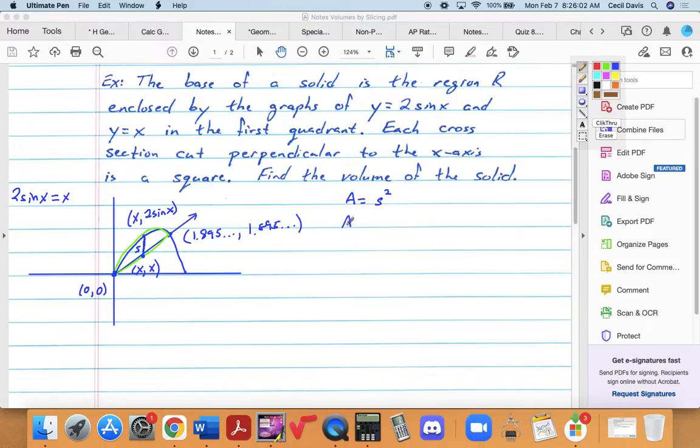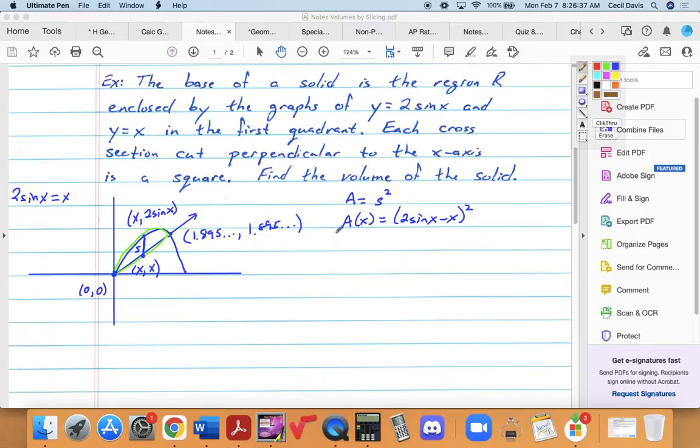So the area in terms of x is going to be, well, how do I find the length of this? It's just 2 sine x minus x. Wherever you are, s is going to be 2 sine of x minus x. So the area will be 2 sine of x minus x quantity squared.